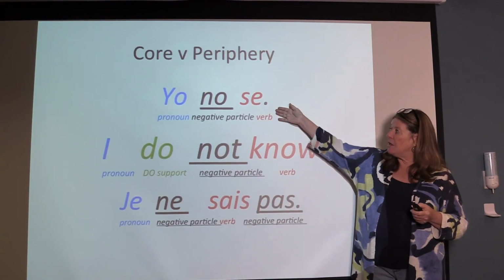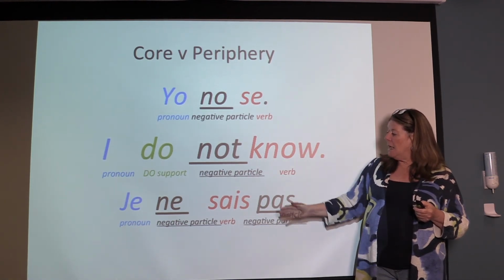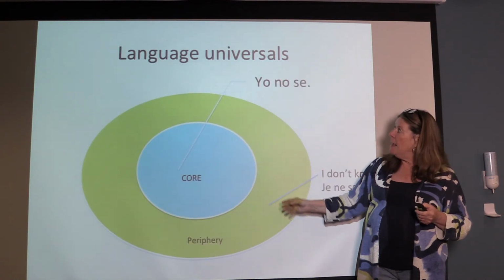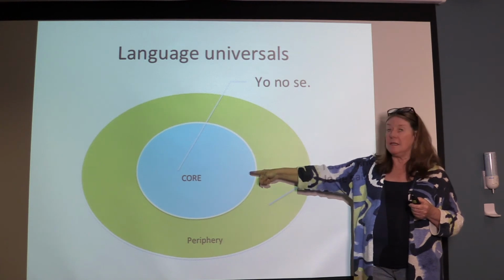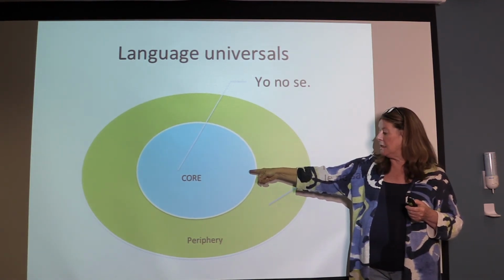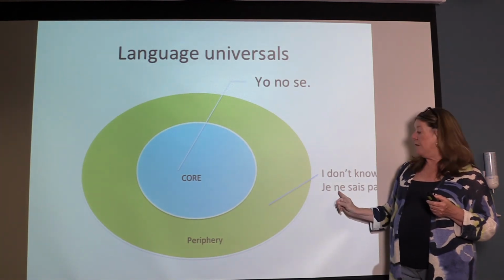So here's Spanish, yo no sé. Here's English, I do not know. And here's French, je ne sais pas. So in terms of universals, the Spanish is in the core. It does the simplest way to get to negation, and in the periphery are English and French.